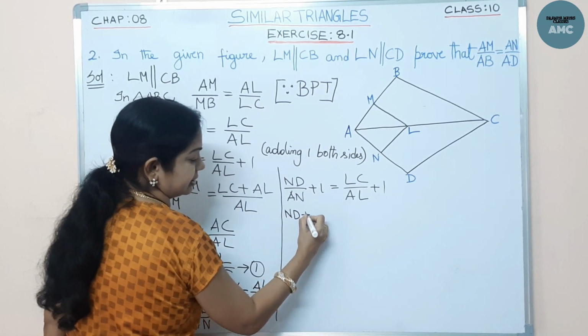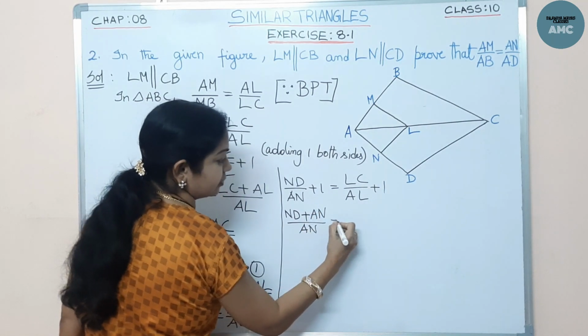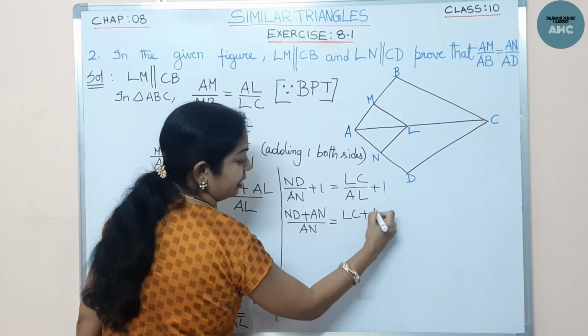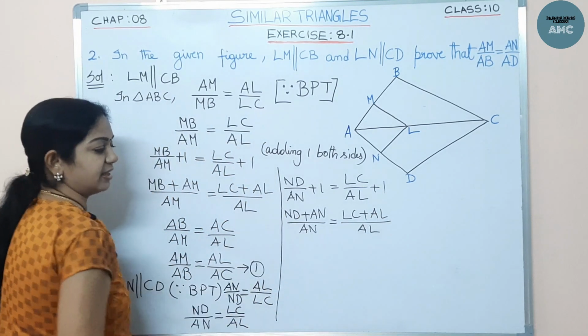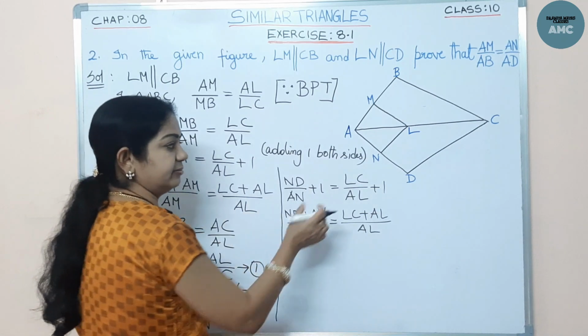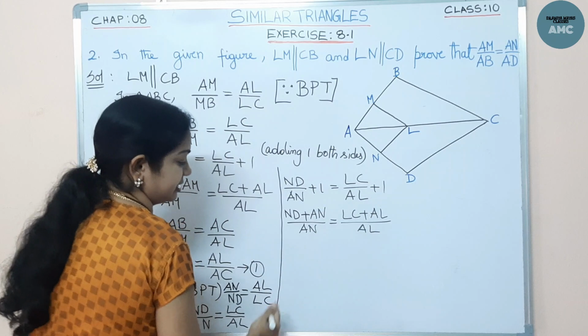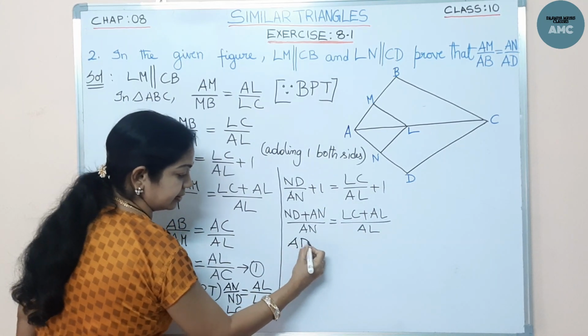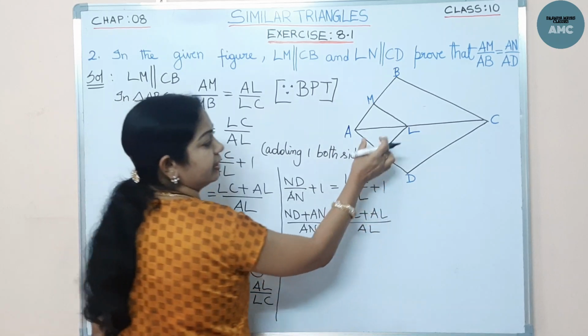ND plus AN by AN is equal to LC plus AL divided by AL. Now what are ND and AN? See the diagram. ND and AN together make the whole of AD, isn't it? I'll simply replace it. Now here LC and AL.